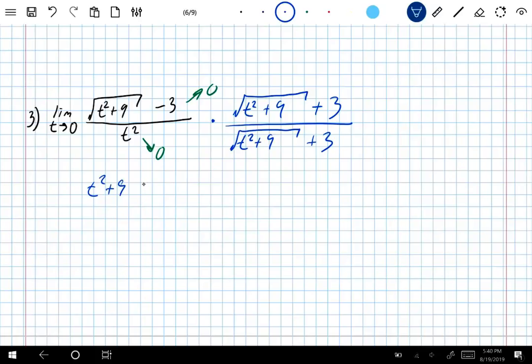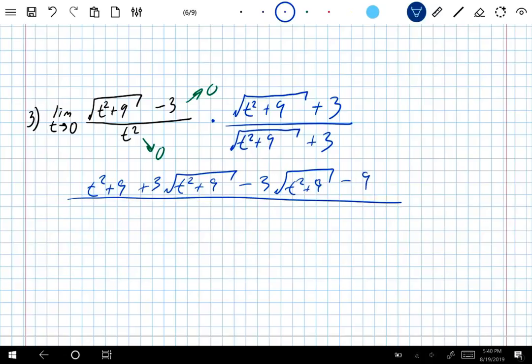I get a plus 3 times the square root of t squared plus 9, minus 3 times that is 3 square root of t squared plus 9, minus 3 times plus 3 is minus 9, over bottom times bottom. When I multiply fractions, parentheses are your friend: square root of t squared plus 9 plus 3.